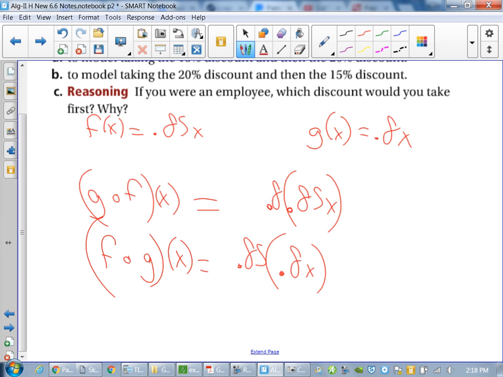So what this means is that when you take 15% and then 20%, you're not necessarily getting 35% off because you're compounding your percentages. You're actually getting, math it for me, would you?